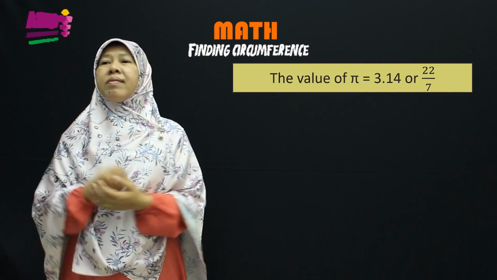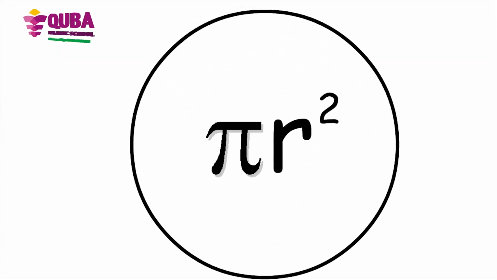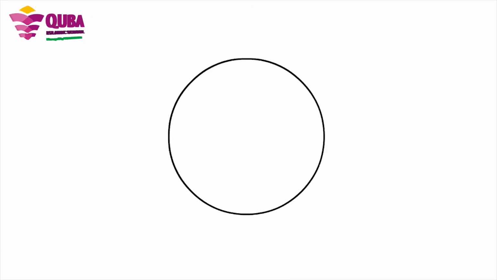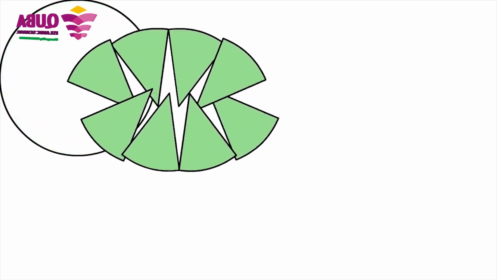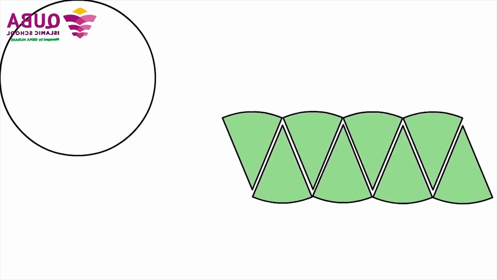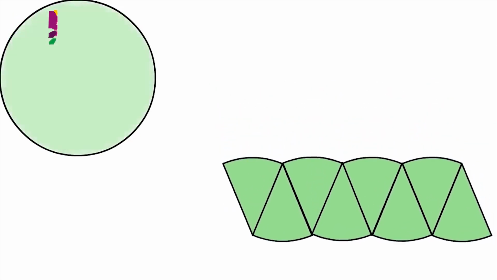Let's take a look. Pi r squared gives you the area of a circle. But where does pi r squared come from? First, we'll draw a circle and fill in its area. Next, we will divide it into large equal parts and arrange them in a rectangular formation. As you can see, it barely resembles a rectangle.